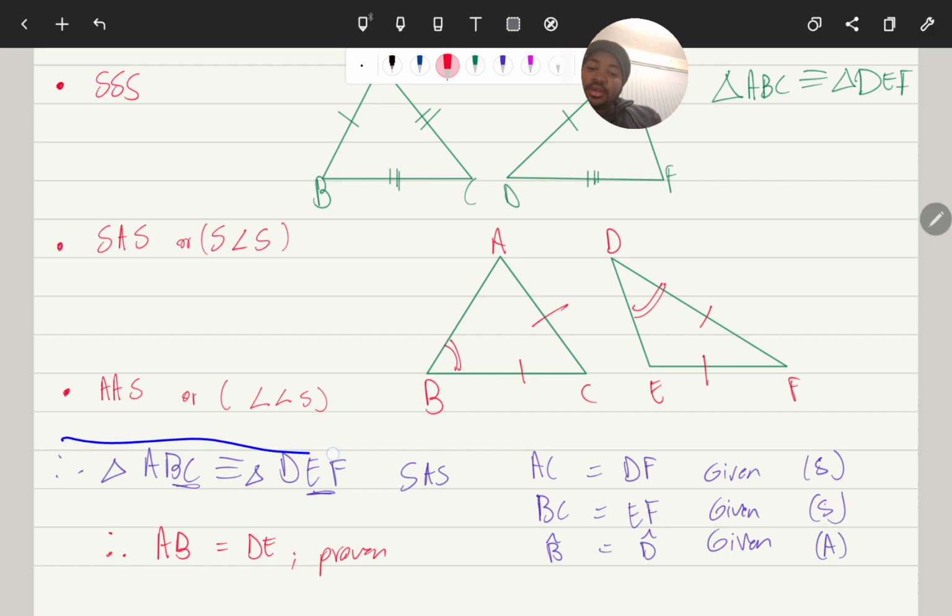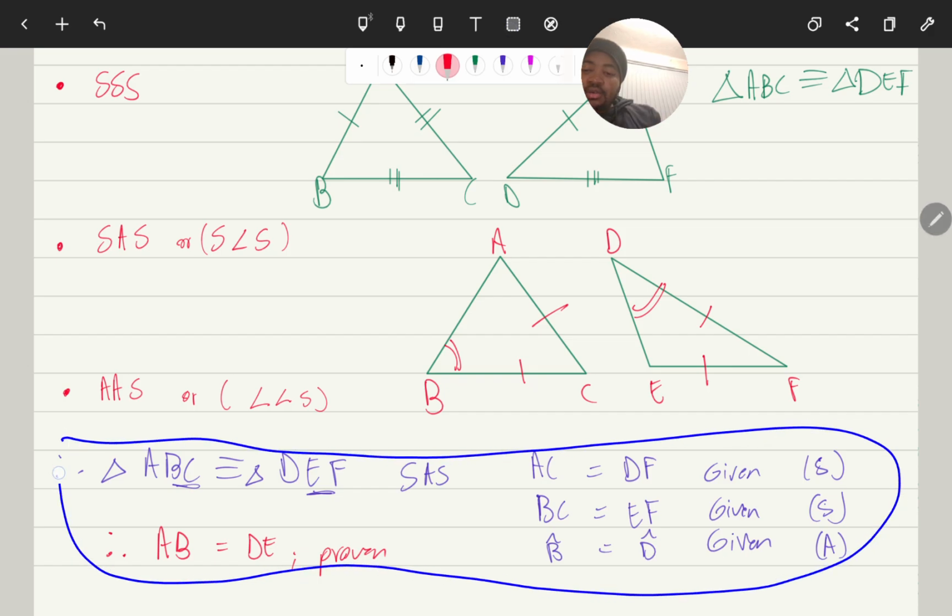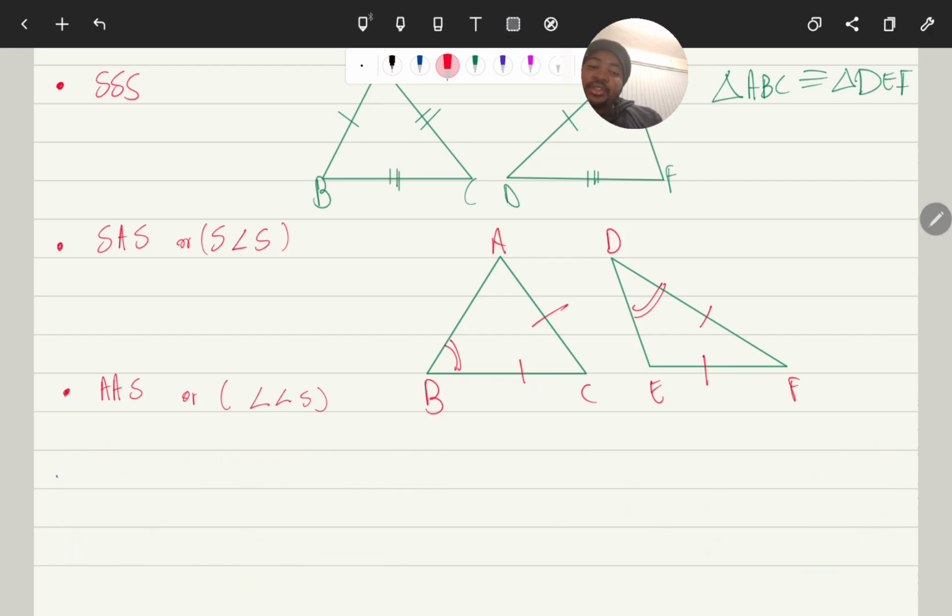Cool stuff. Say now we also have two triangles given to us, and with those triangles we are told something, right? We are told that this angle equals this angle, right?